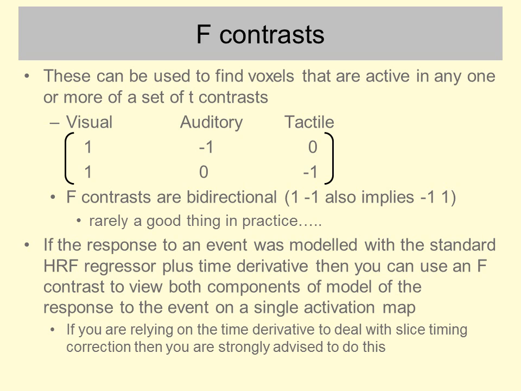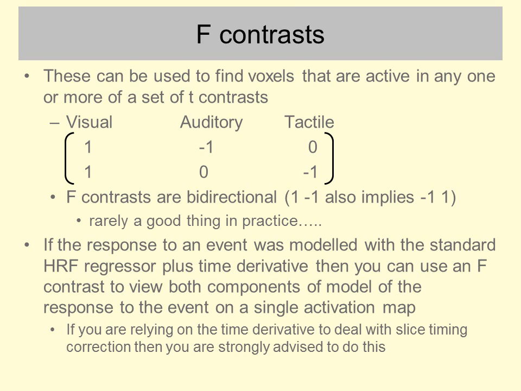For example, you're relying on them to deal with the slice timing problem, perhaps because you've got some data where you aren't confident of the actual order in which the slices were acquired, because you've got it from someone else's scanner and they've lost the file that tells you the actual order of acquisition, so you can't use the pre-processing option, and you end up having to use time derivatives to deal with that.